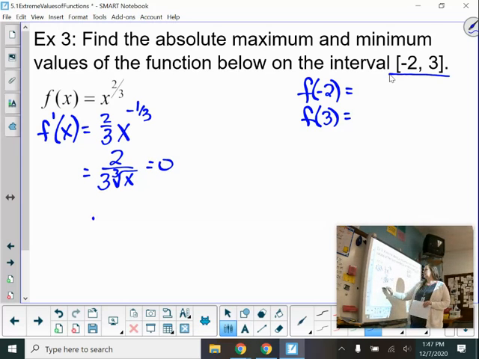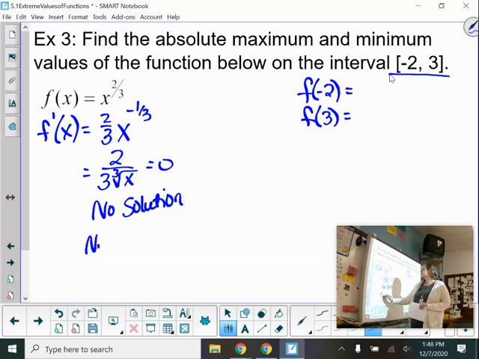So this problem has no solution, because whenever you're setting a fraction equal to 0, you set the top equal to 0. Well, 2 equals 0 has no solution. So this function is never going to have a derivative that's equal to 0.